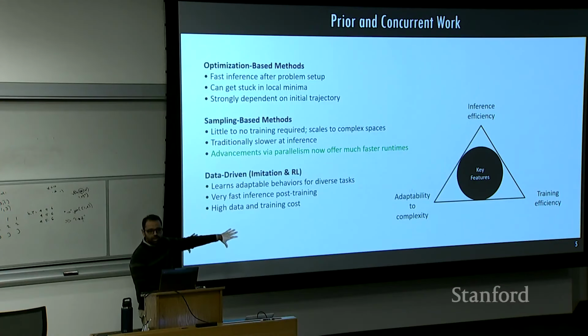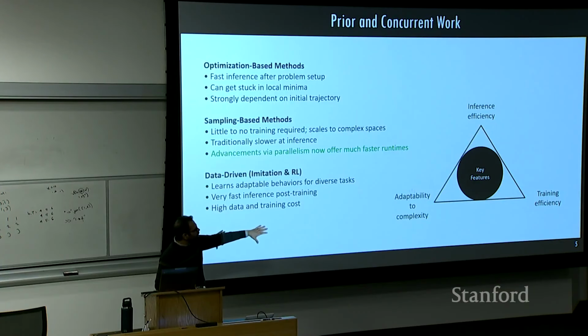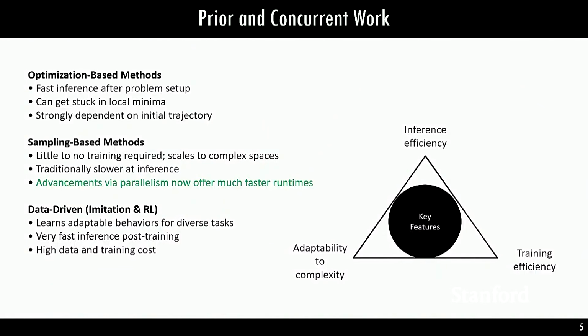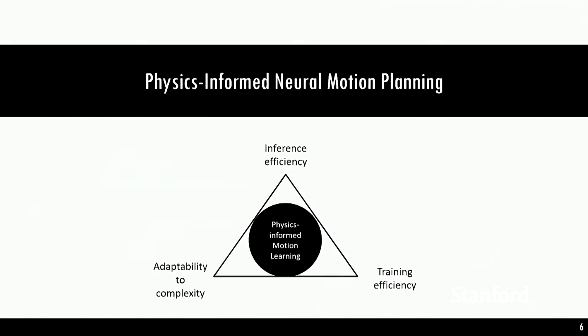Optimization-based methods could not adapt to complexity. Sampling or classical methods had low inference efficiency, and data-driven methods have very low training efficiency. Can we have a method that has all these three features? Our answer is yes. If you incorporate some priors that are available to us from physics, you can achieve all these three features. And that will be the focus of the rest of this talk.